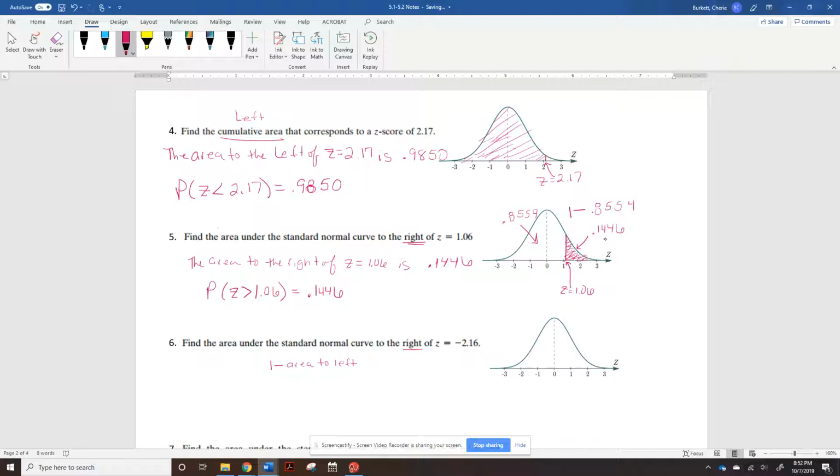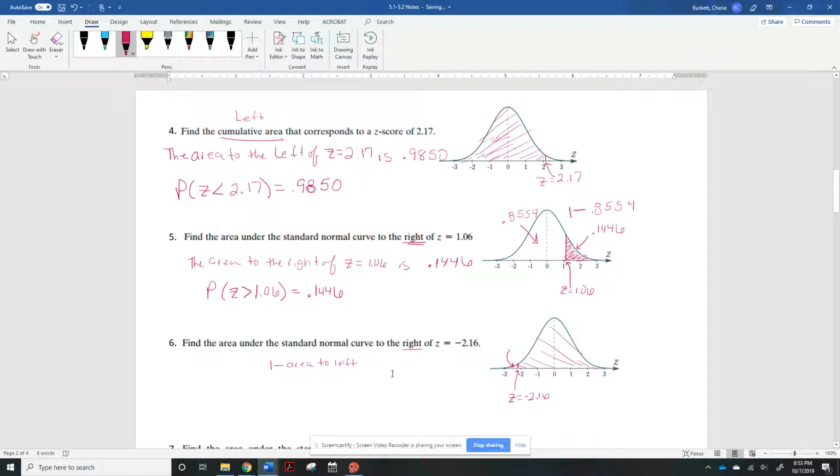So find the area under the curve to the right of negative 2.16. So negative 2.16 is going to be somewhere over here. We want this area over here, okay? So we're going to find this area on the z-table. Let me make sure you understand that z right there is negative 2.16.